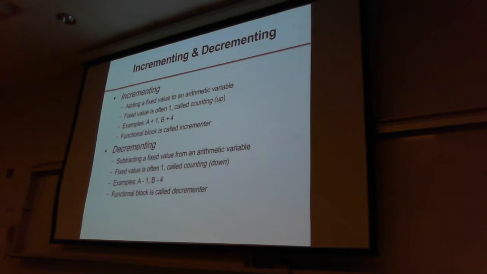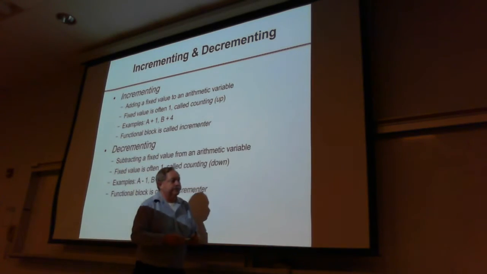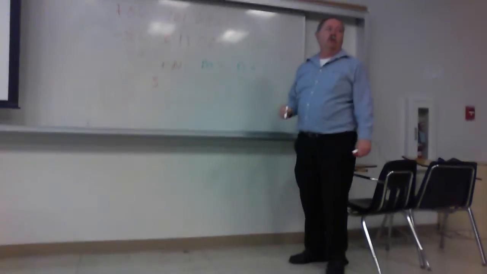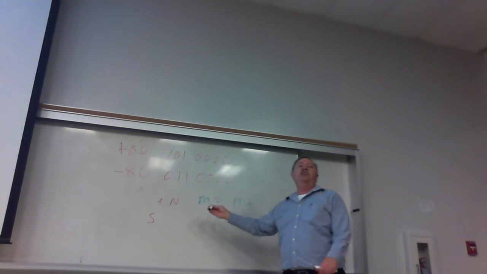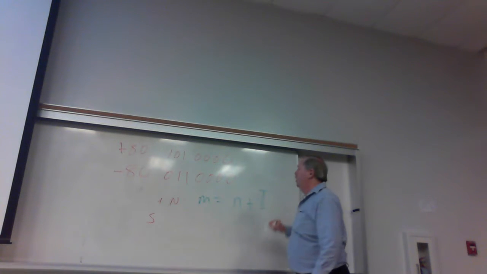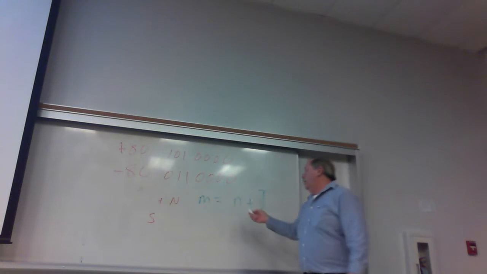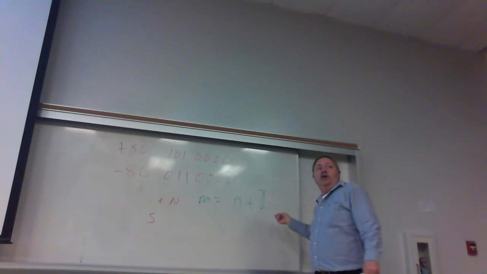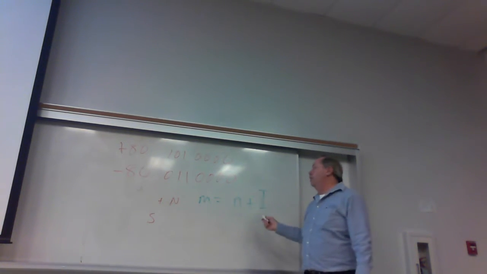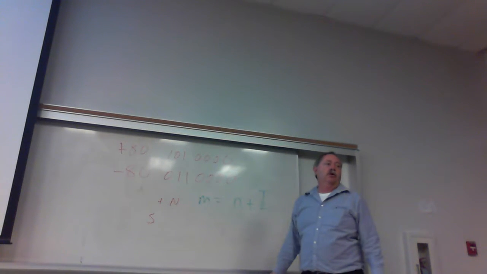But that doesn't really change the way an incrementer works, because all an incrementer is going to do is say M is going to get N plus I over and over again. So every time you feed it an M, you're going to take that value in, you're going to increment it by whatever hard value this incrementer is working with, and spit out the results over and over again.